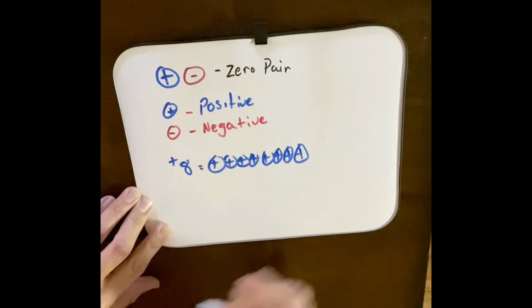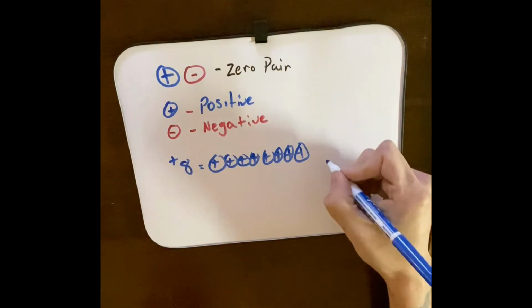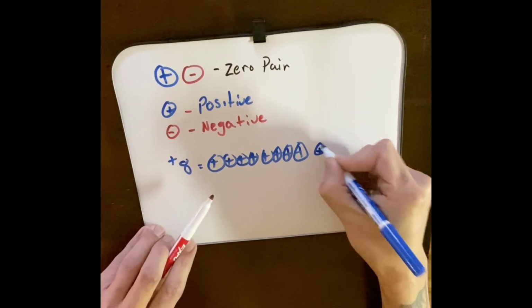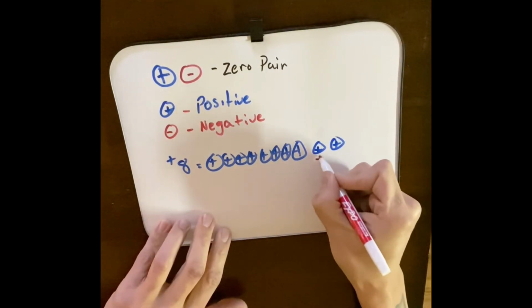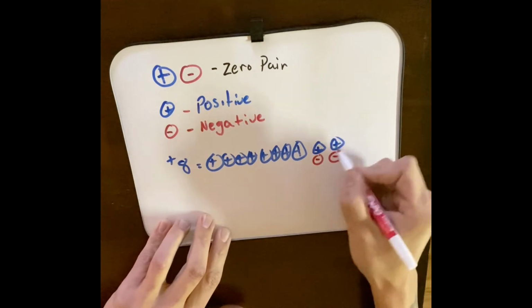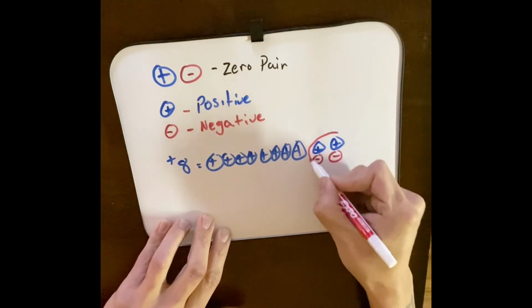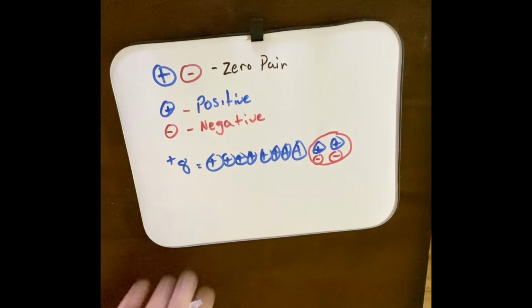All right, that means positive 8. But if I continue going like positive, positive, as long as they have negatives with them like this, these equal 0. So I can draw these negative pairs as many as I want, and the value wouldn't change. It would still be positive 8.